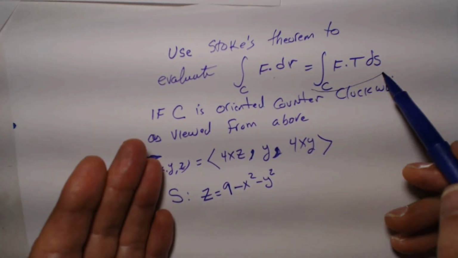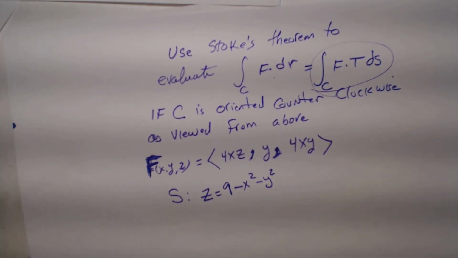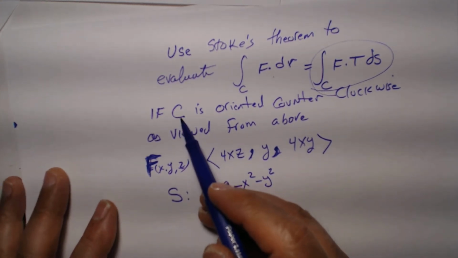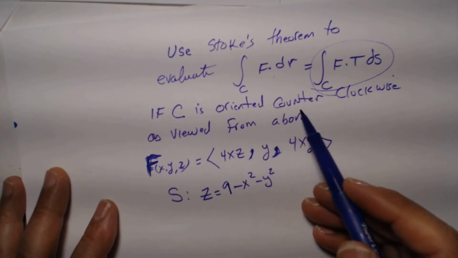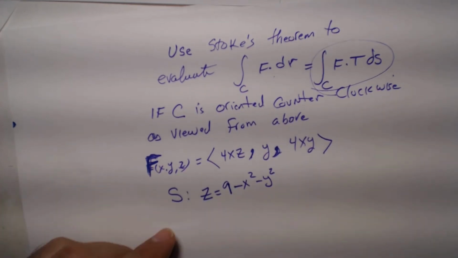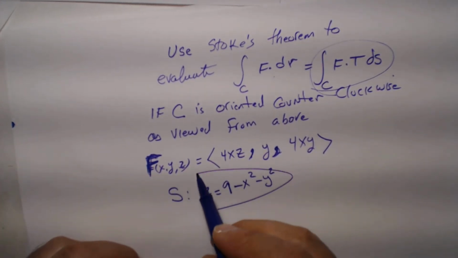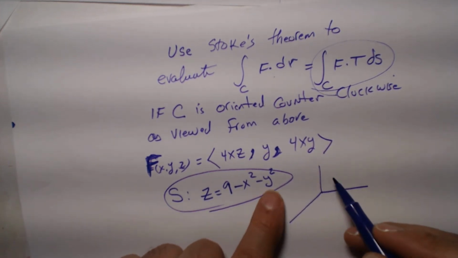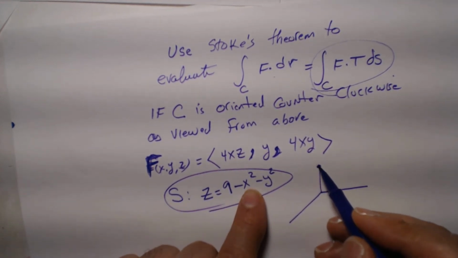And remember, that was the circulation, the same formula for the work along a curve. Therefore, your curve is oriented counterclockwise as viewed from the top by using the surface. Therefore, if this is your x, y, z, if x and y are 0, your z is 9.